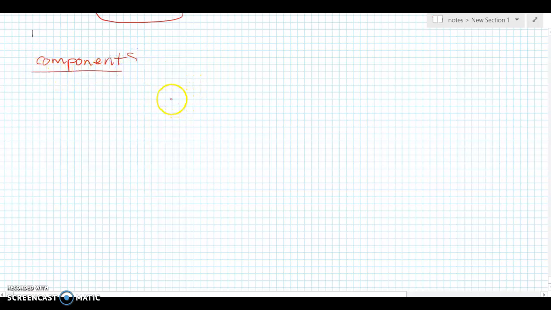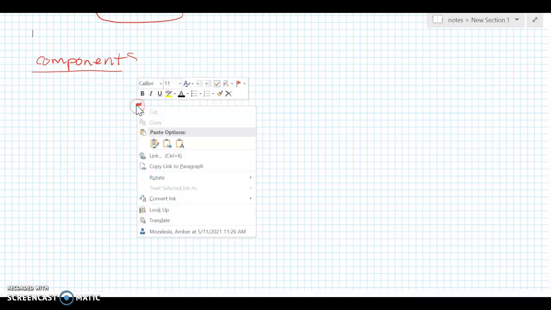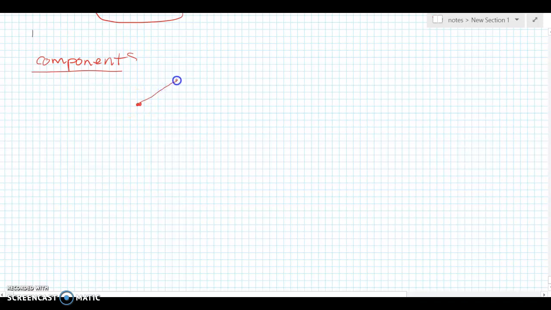Okay, so here's a vector. Let's start here. And I want to go, oh, for heaven's sakes. There. Okay. So we went over 1, 2, 3, 4, 5, 6.